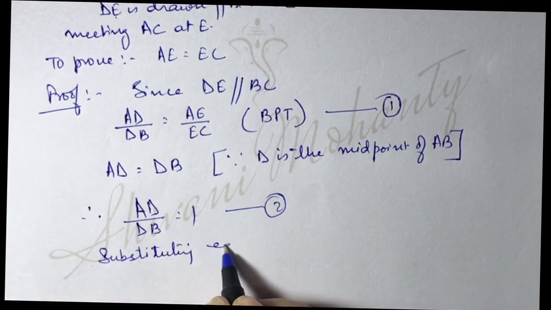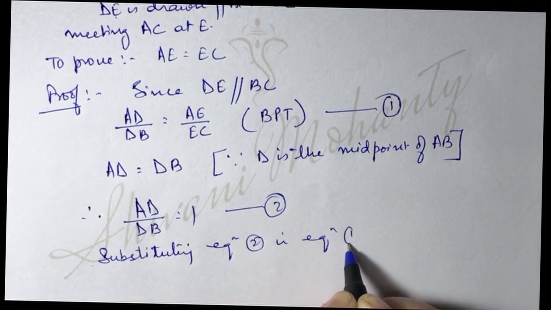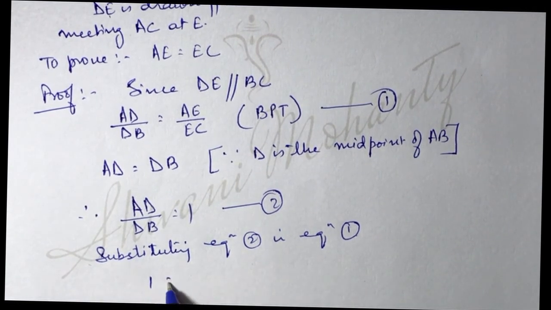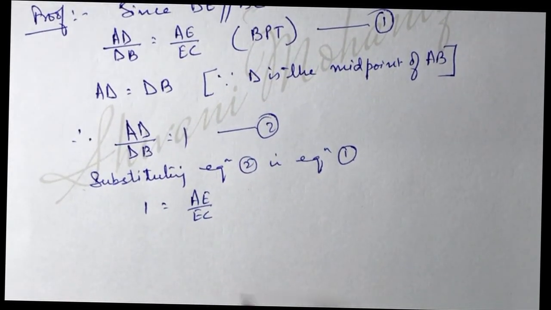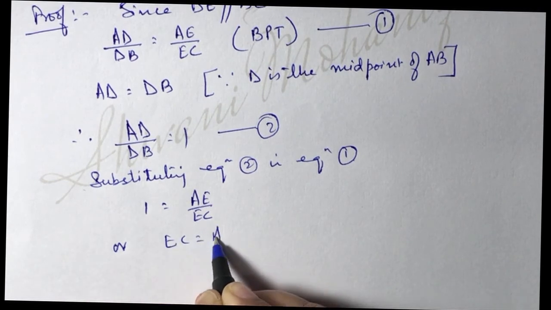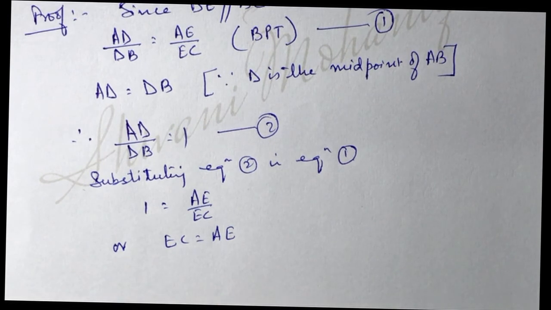Substituting equation 2 in equation 1, what do you get? 1 is equal to AE by EC, or you can write EC is equal to AE. Proved.